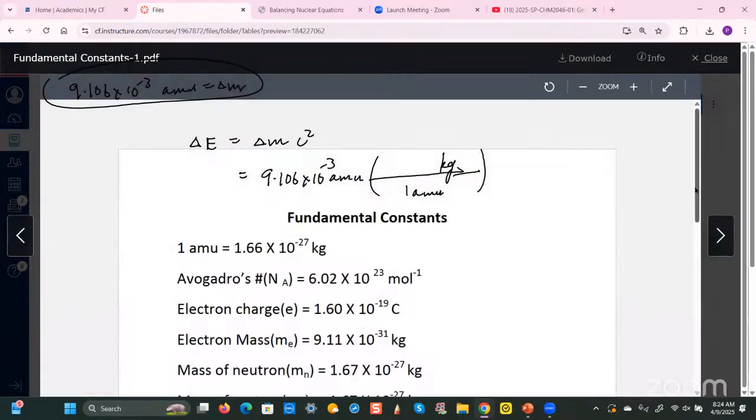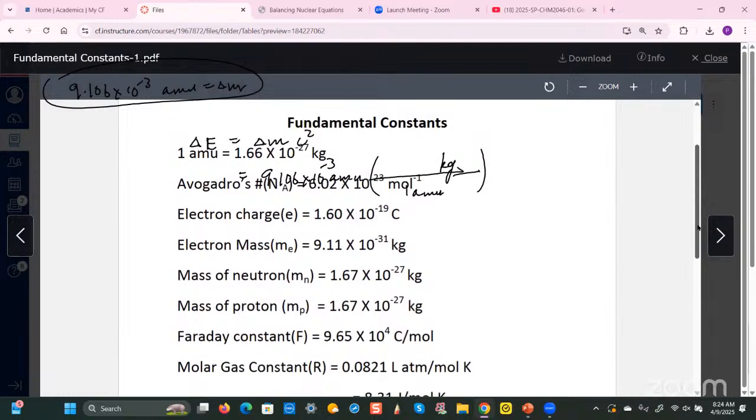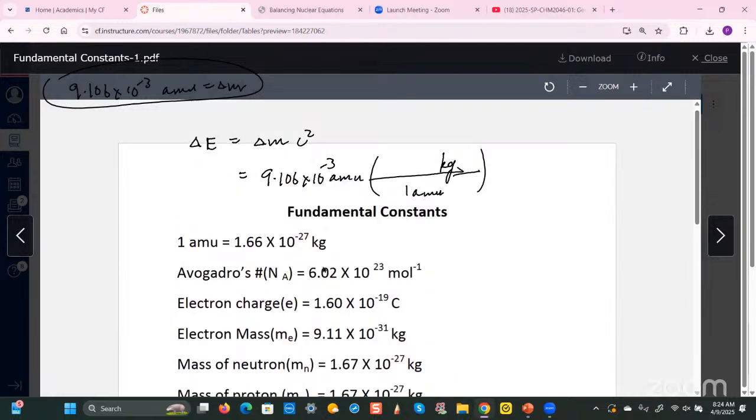Okay, here it is, the first one. Let me write that down so I don't forget. 1 AMU is equal to 1.66 times 10 to the minus 27 kilograms, all right? So that's the AMU equivalent to kilograms.